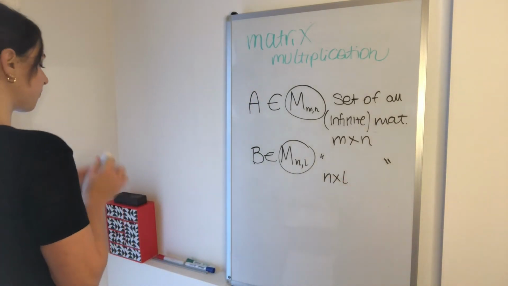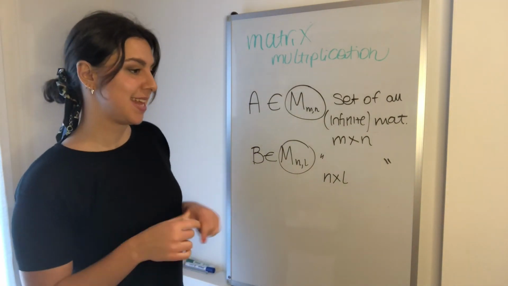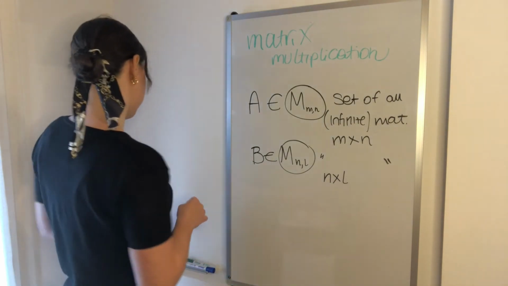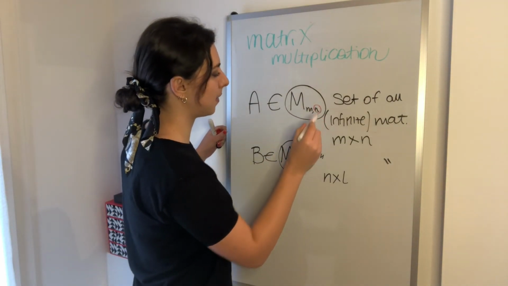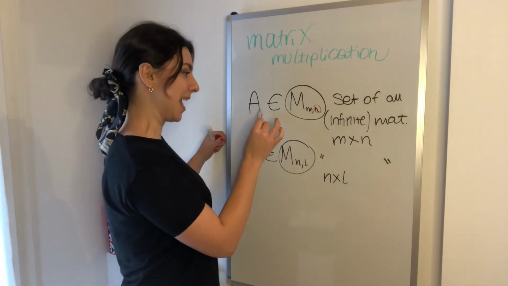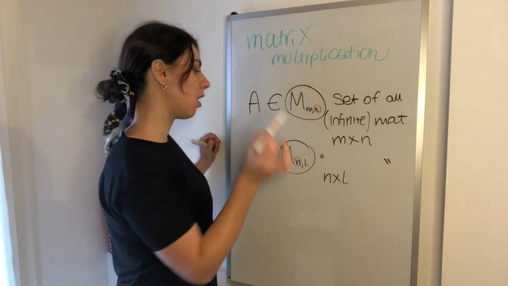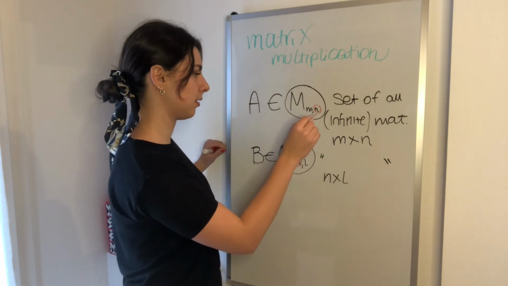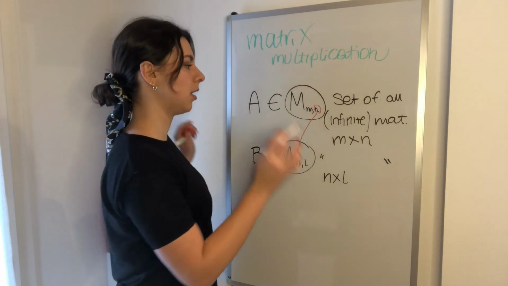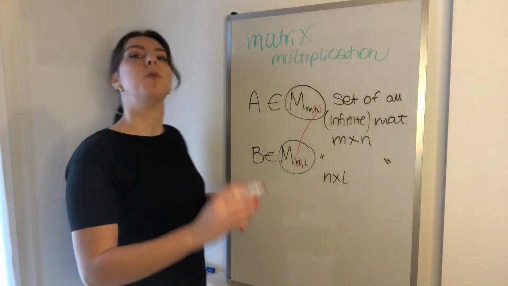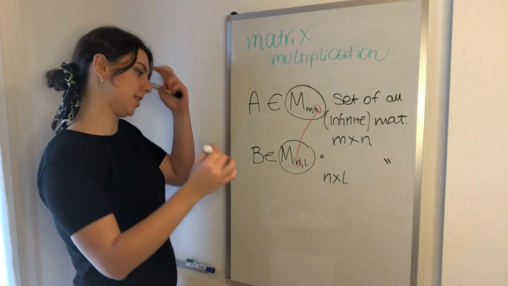So in this case, we can already say two things. The first thing is, this is the number of columns of A. This is the number of rows of B. These two are equal, so we already know that we can multiply these two matrices.